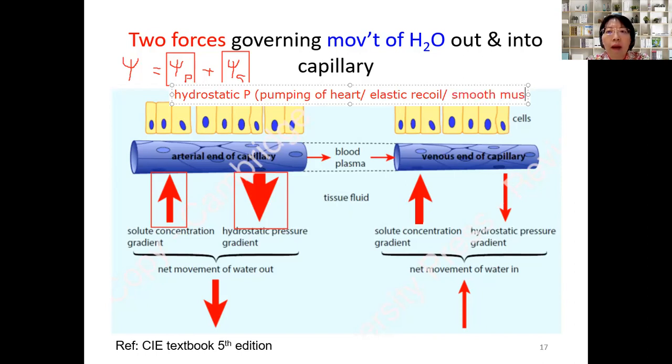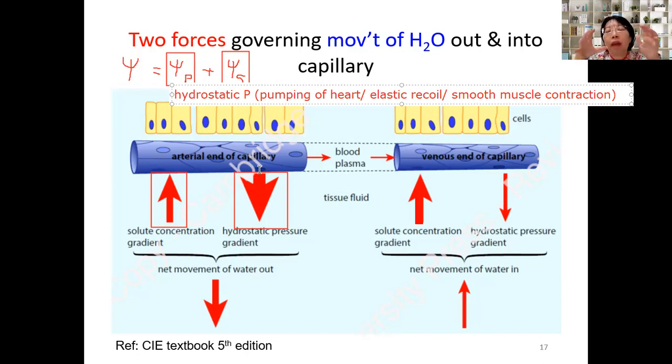So all these three can result in hydrostatic pressure that can increase the hydrostatic pressure of the blood. But the main one, of course, is the pumping of the heart. Because it's at the arterial end, the pressure is very high, so it tends to push the blood to leak out from the pores.